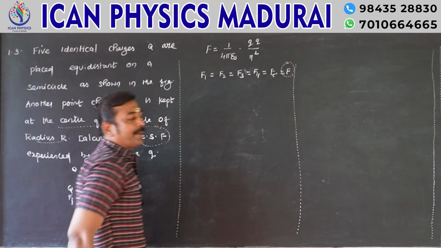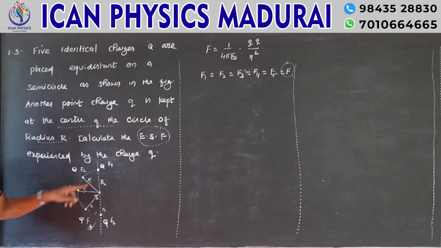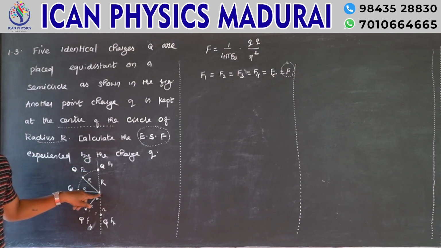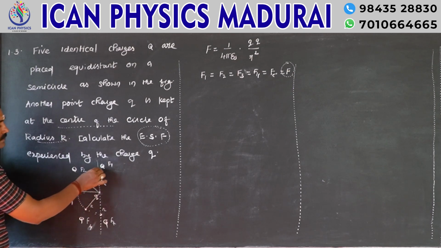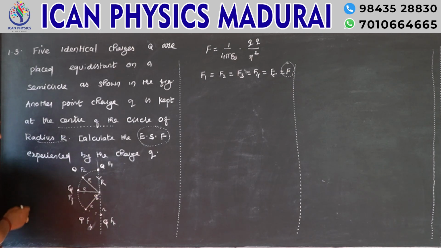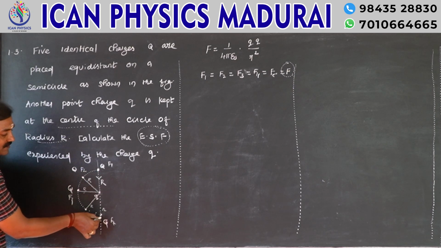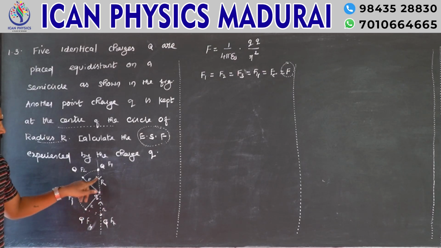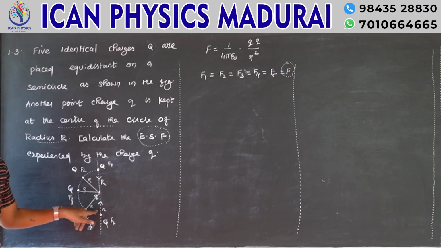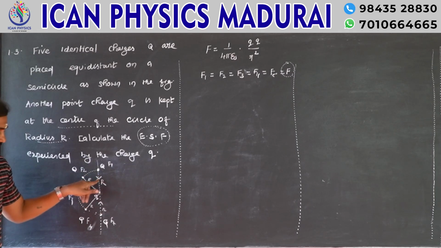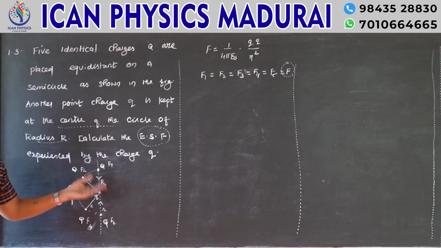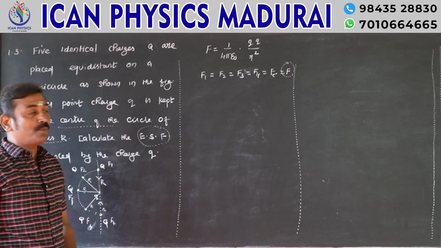Capital Q is the charge that experiences a force on the first one. So it experiences a force like this. F5 is the force experienced by the charge at the center. Now look at the arrowheads. Both arrowheads are acting in opposite directions.